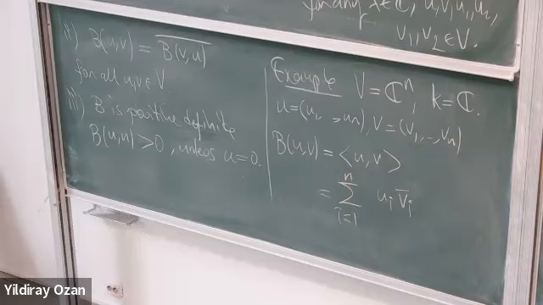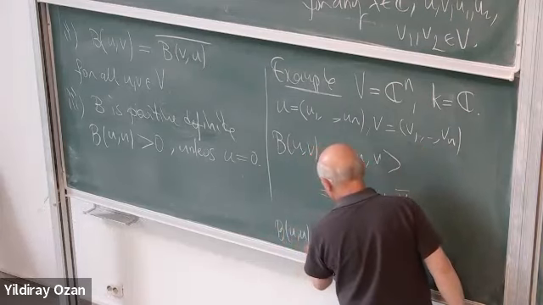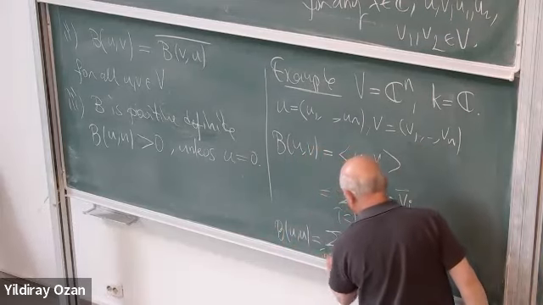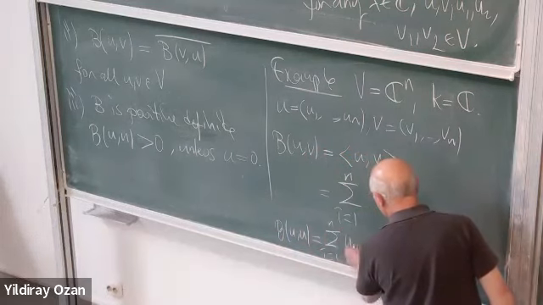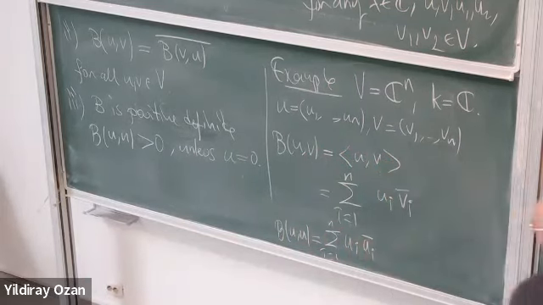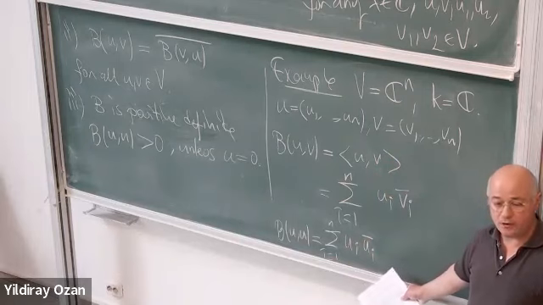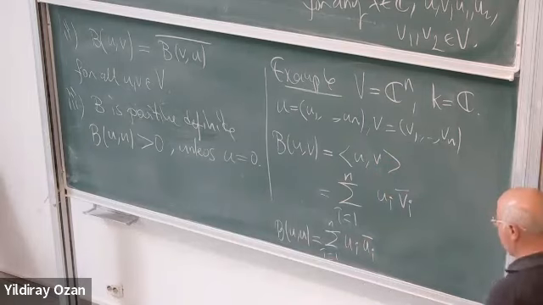Let's see, for example, the inner product. So, what about, for example, (U, U)? It will be just the sum over i from 1 to n of U_i times U_i conjugate. But these are just complex numbers. If you multiply a complex number by its conjugate, then you get norm squared, right?